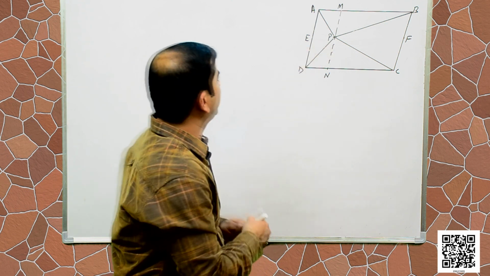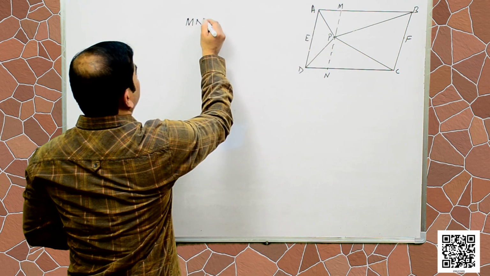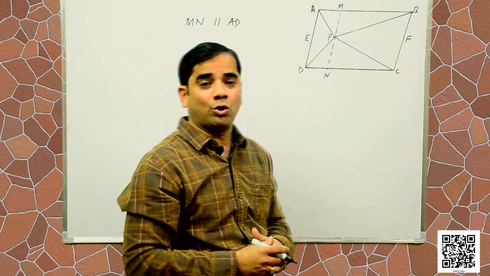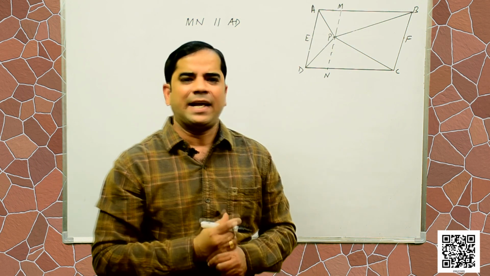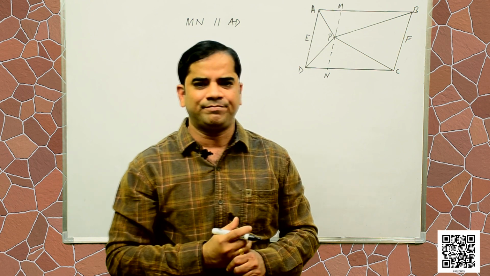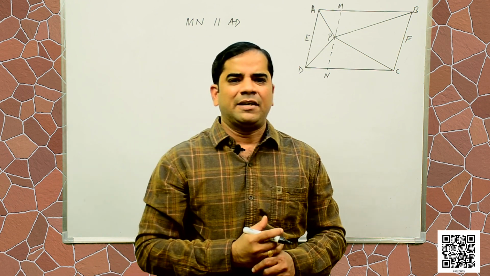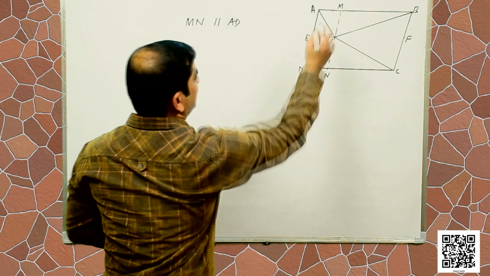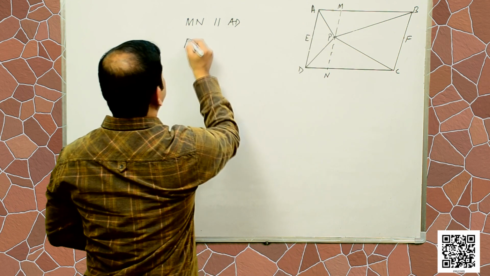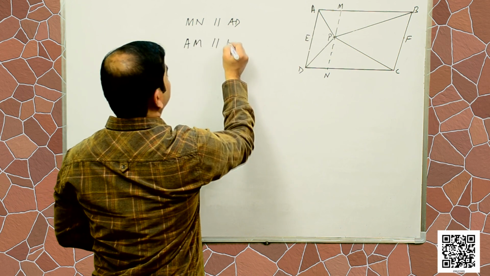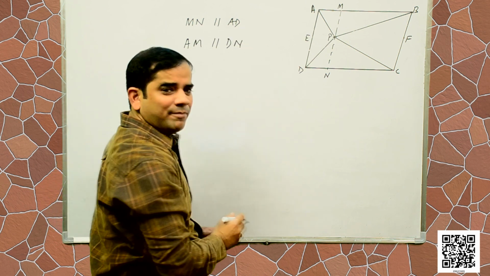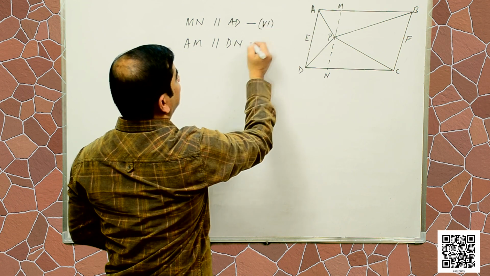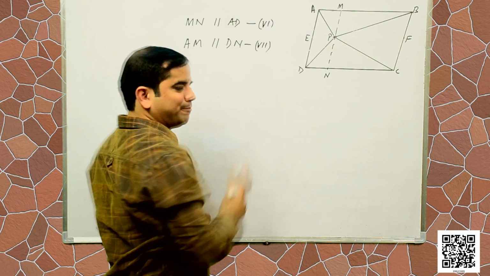So MN is parallel to AD. In parallelogram ABCD, MN is parallel to AD and AM is parallel to DN.